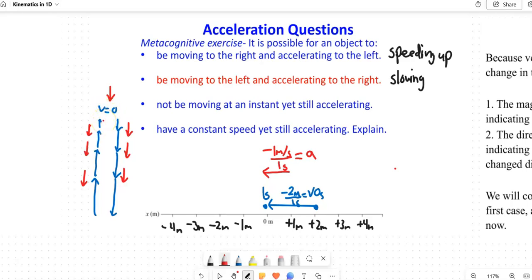Okay, when you throw a ball in the air and it comes to a stop and then it begins to speed up as it comes back down, gravity doesn't turn off. So for that instant, you're not moving and you're accelerating down. This is called a turnaround.